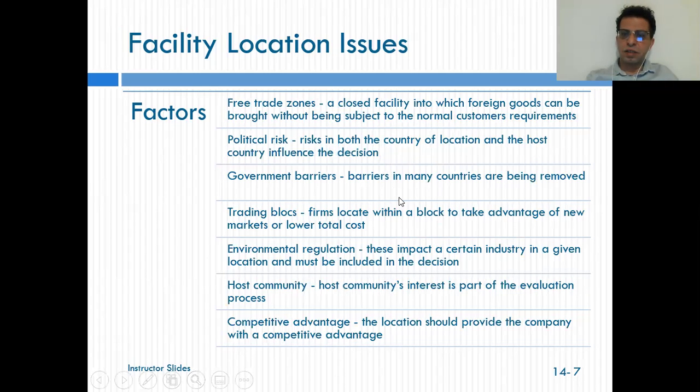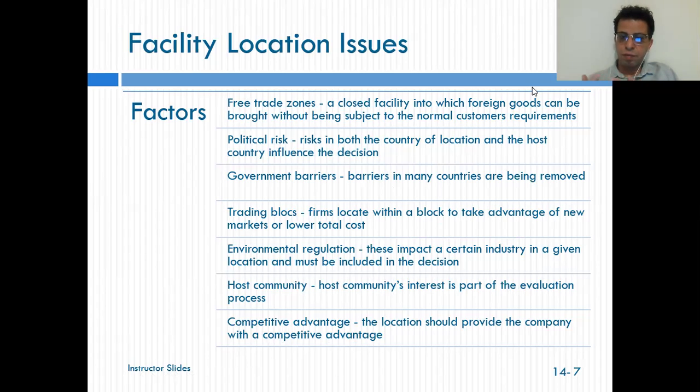Other factors we might look at are whether there is a free trade zone like Jebel Ali, a closed facility into which foreign goods can be brought without being subject to normal customs requirements. Political risk in both the country of the location and the host country influences the decision.